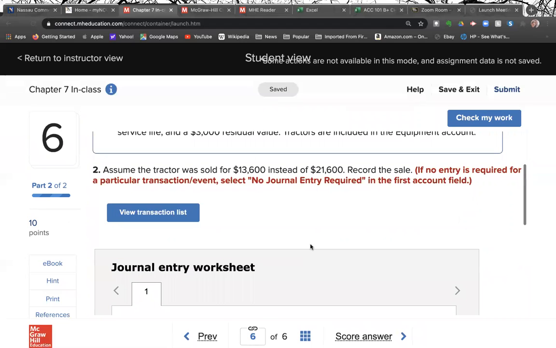Okay, now let's assume everything was the same, except that this time we sold the tractor for 13,600.